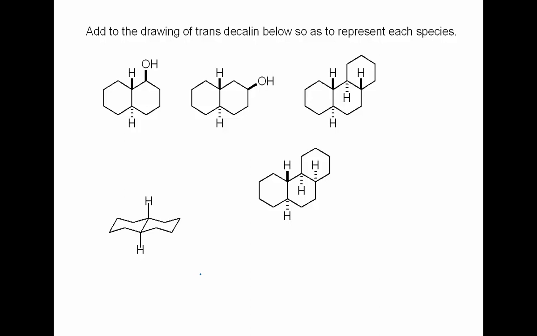Here's a problem. Again, you should pause the video and do it, and then restart it after you're done to just check your answers. Add to the drawing of trans-decalin below so as to represent each species. Okay, so I'm going to just call these carbons 1, 2, 3, and 4. And this is the orientation they have in this partially finished drawing here.